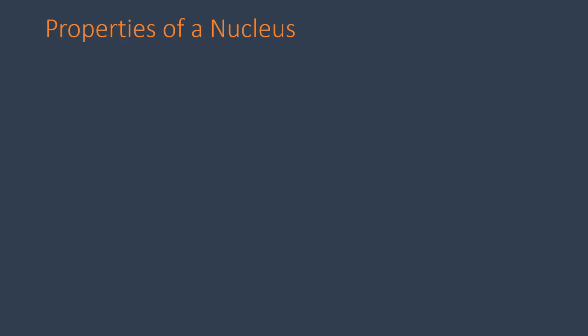So let's quickly talk about the properties of a nucleus. It wasn't until more recent times that a nucleus was thought to have nucleons, that is, protons and neutrons being similar particles in that area of the nucleus.